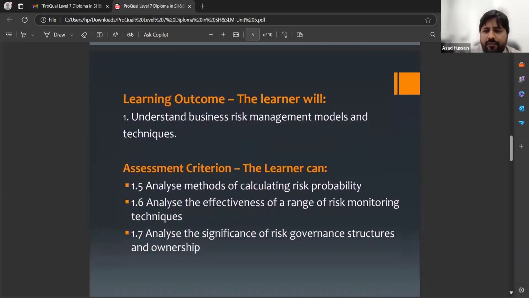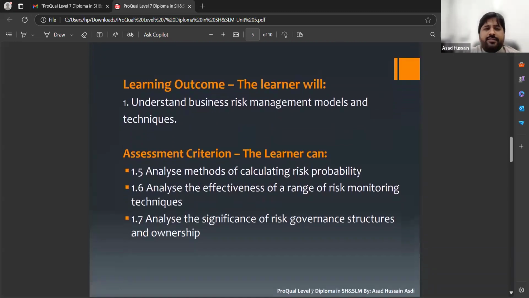Then we have three other assessment criteria for the same learning outcome. Now we have 1.5, analyze methods of calculating risk probability. There are different methods there.